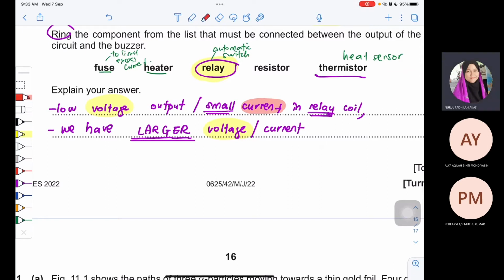So that partner dia lah. Janganlah you tulis satu voltage, satu current. Okay, kalau you write voltage, you write about the voltage. But okay, so this one voltage of the relay. So siapa yang large ni? Large voltage of by relay.